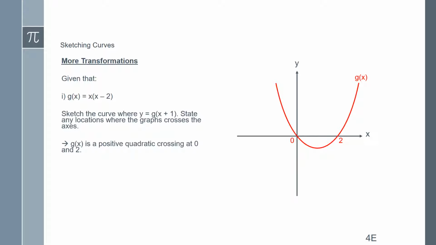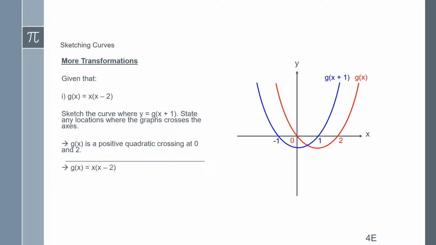g of x plus 1, but we know what that's going to do as well. That's going to be a translation of minus 1 units, or 1 unit to the left. So instead of cutting before at 0 and 2, it's now going to cut at minus 1 and 1. And we also need to know where it cuts the y-axis.